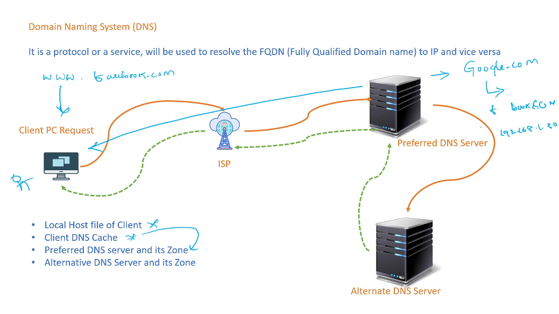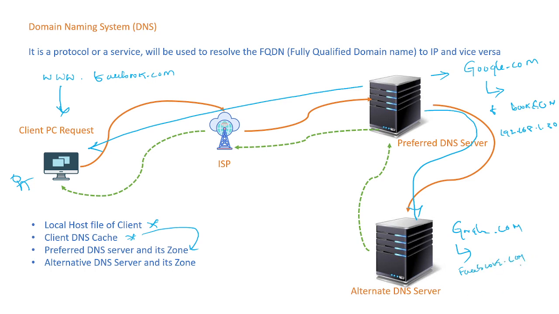So the preferred DNS server will send that request query to the alternate DNS server. The alternate DNS server also checks in the same zone, google.com, and it has another zone. In that zone it will look for facebook.com.